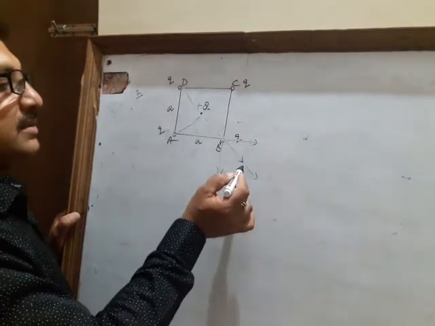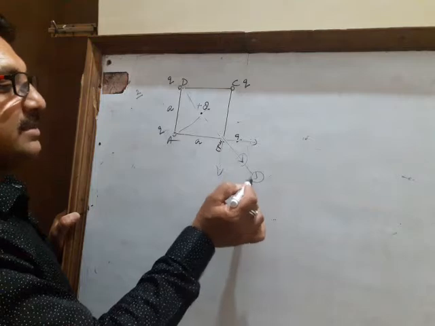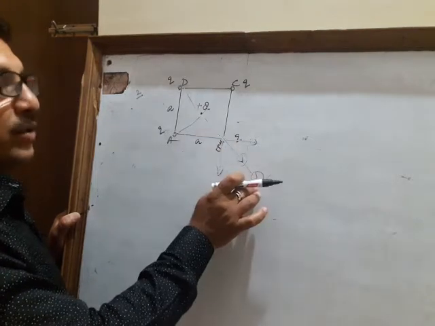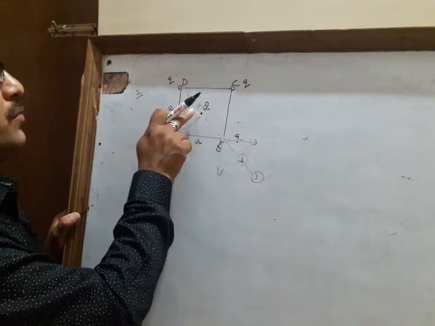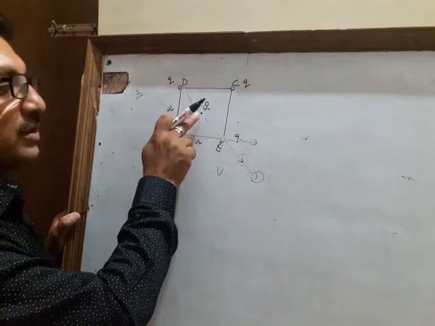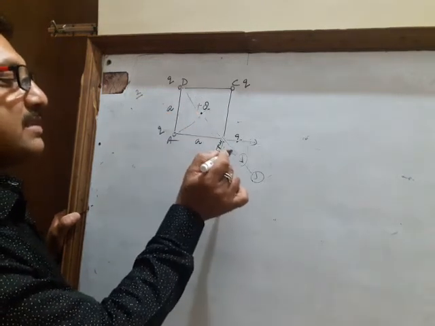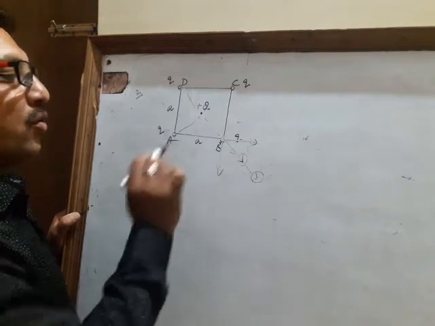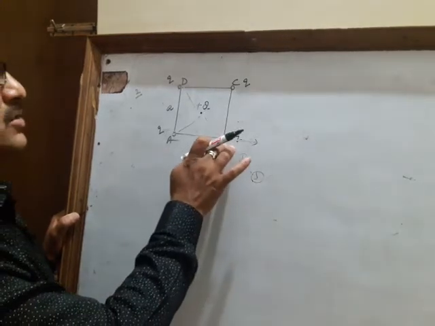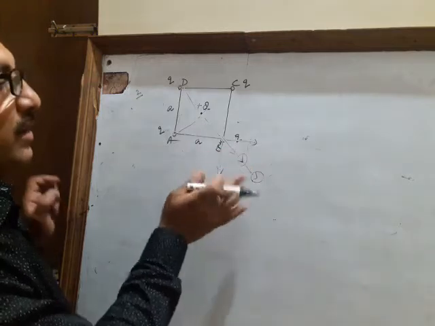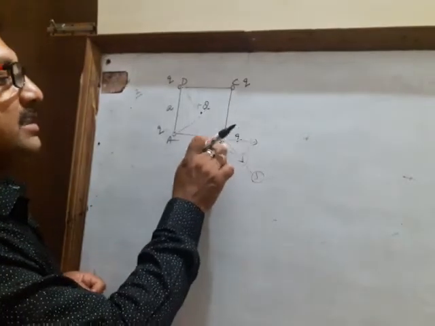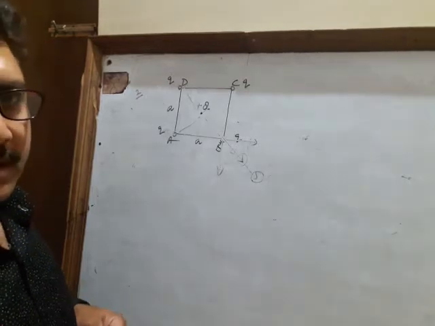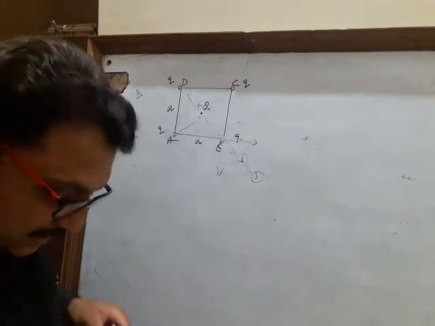That means these 2 forces are acting at this point in this direction, and what is the force due to this charge now Q? This plus Q will also exert a force in this direction. So altogether what will happen, this charge Q will feel an outward force and will be displaced from this position. Hence the equilibrium is disturbed.